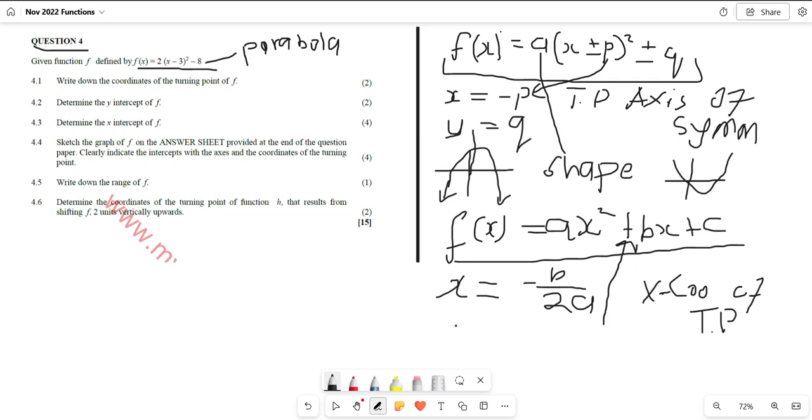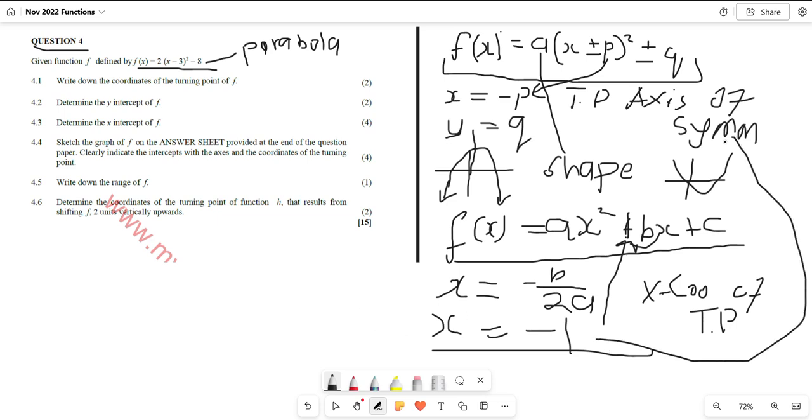After substituting the value of b, the coefficient of x, and the value of a, the coefficient of x squared, let's say we get x equals 1 as the x coordinate of the turning point, and the same value represents the axis of symmetry of the parabola.